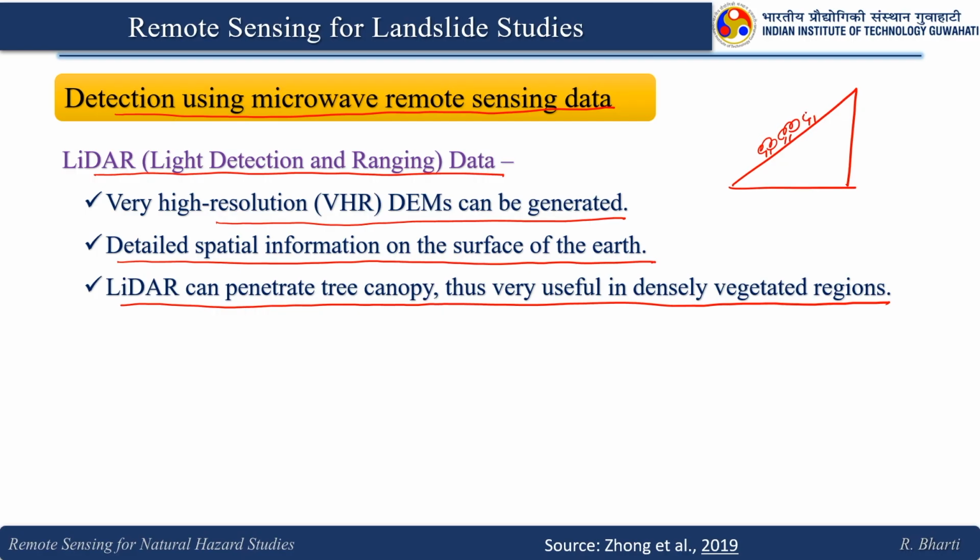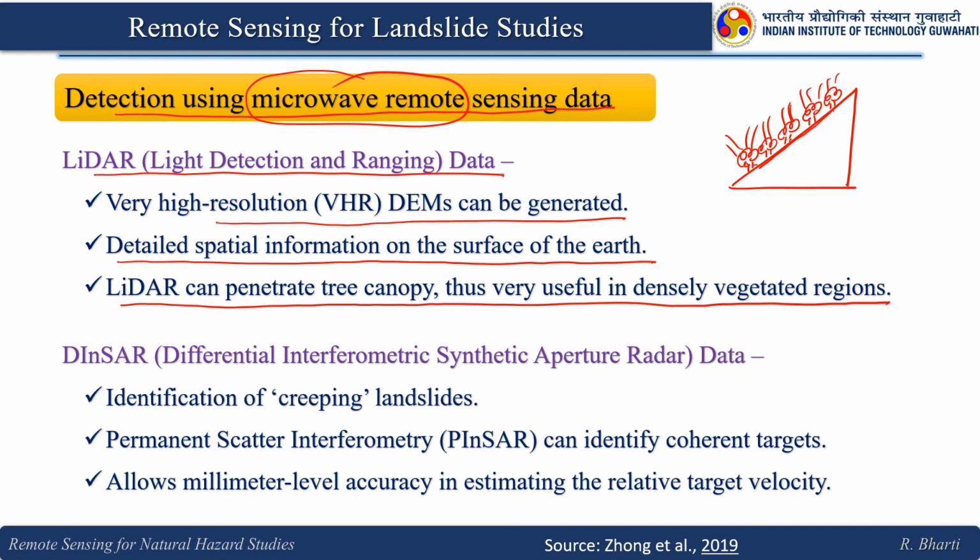Normal optical remote sensing, that means the visible, VNIR or SWIR wavelength range, gives information from the reflected energy of the top surface. But microwave has depth of penetration and can penetrate the tree canopy. So microwave remote sensing can provide surface information in vegetated conditions.